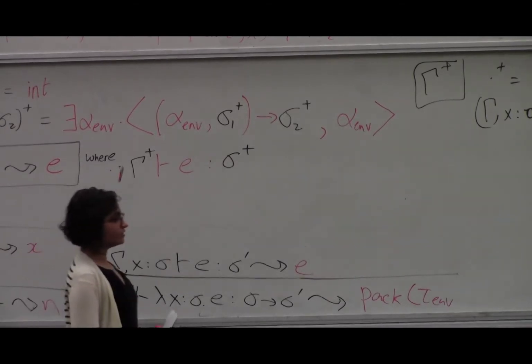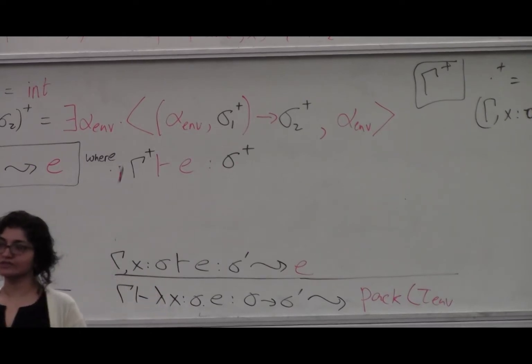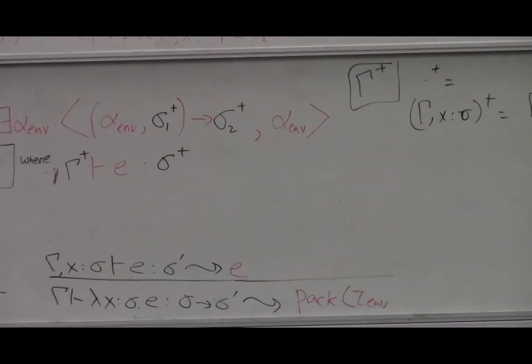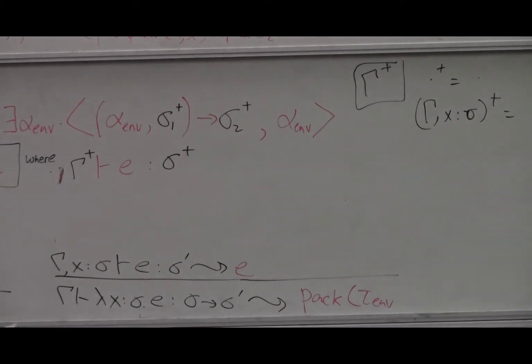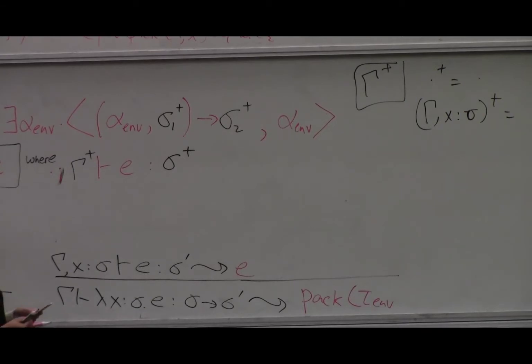How do we figure out what the type of the environment is that we're going to produce? What does the environment need to contain? All the free variables of what? All the free variables of e minus x. So technically, all of the free variables of the lambda.